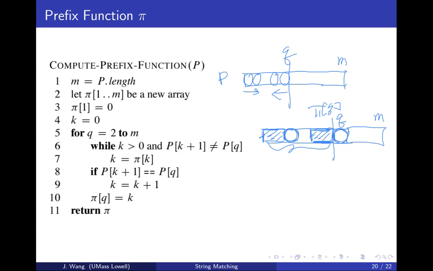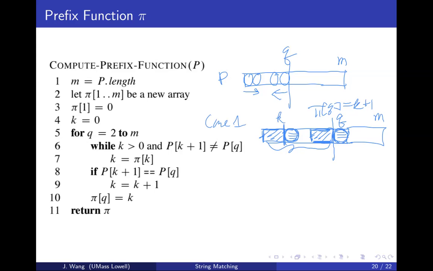If this and that are equal, then I know pi of Q is the previous one, say that's K, then that's just K plus 1. So that's case 1.